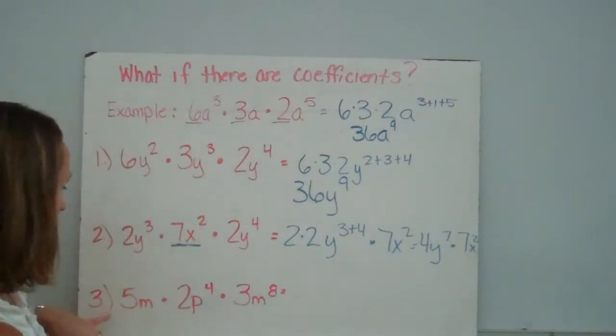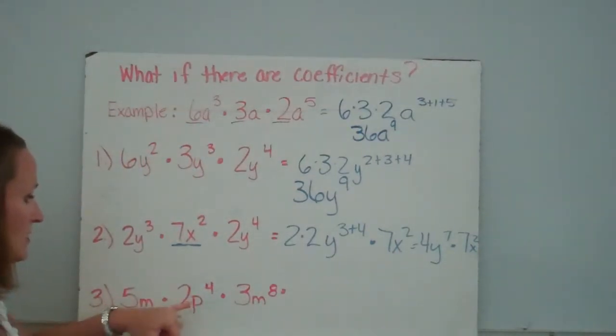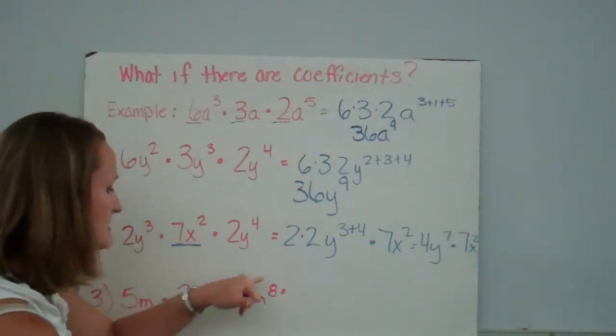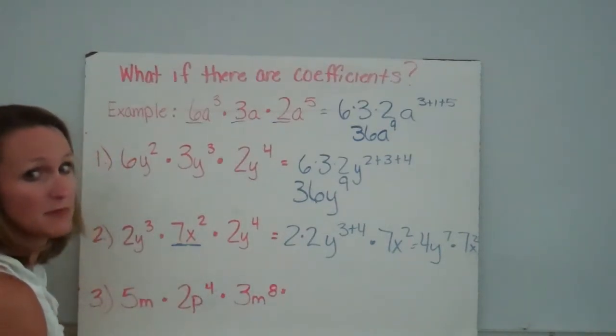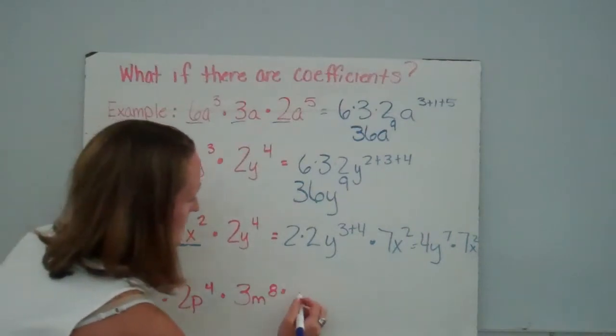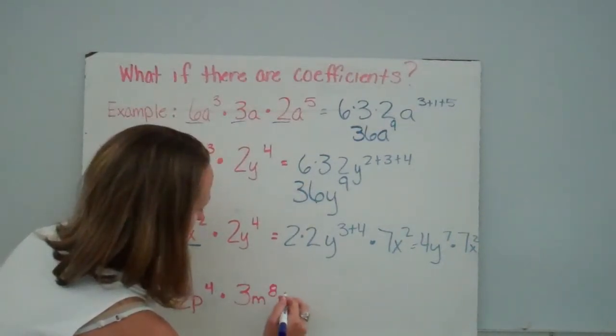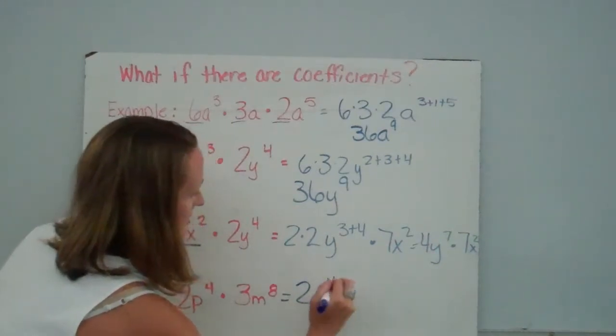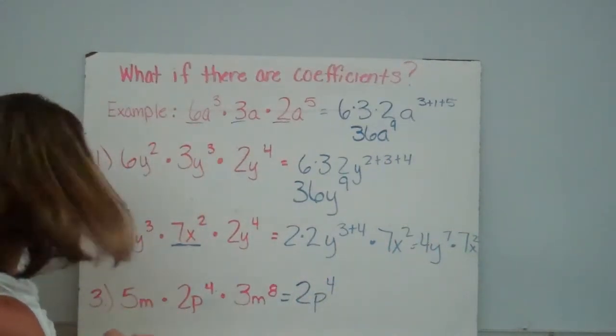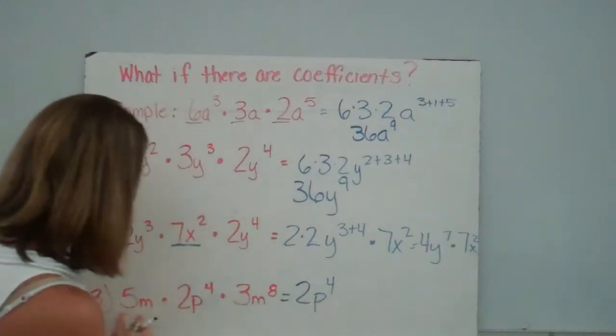All right, let's look at one more. I have 5m, 2p to the 4th, and 3m to the 8th. So once again, I have one where the base doesn't match, so I cannot combine it with the other ones. But I'm going to put it first. So 2p to the 4th is going to stay 2p to the 4th. Now, I can do 5 times 3.